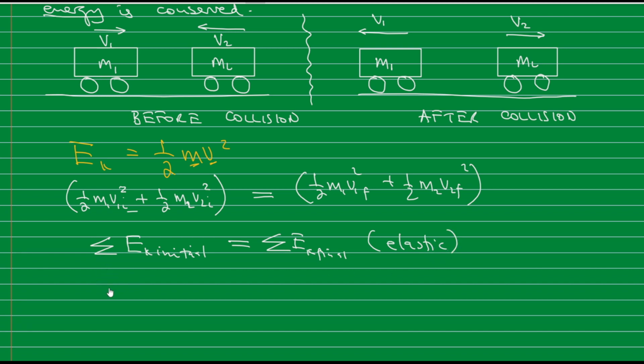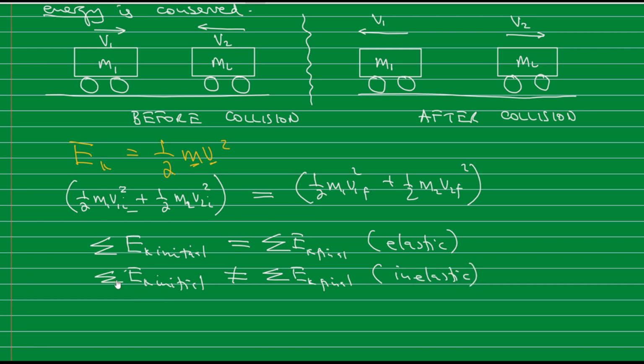But when the sum of the kinetic energies EK initial is not equal to the EK final, meaning the value that we get here is different from the value that we get there, then the collision is described as inelastic.